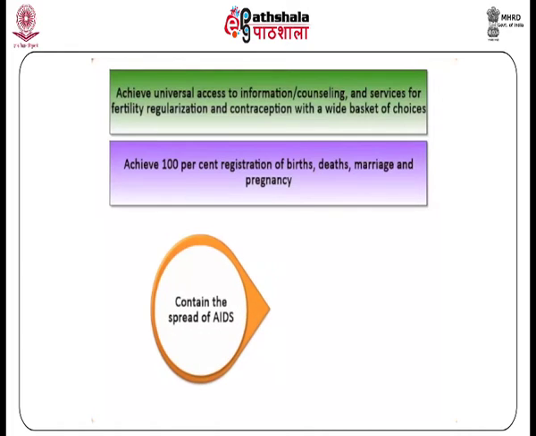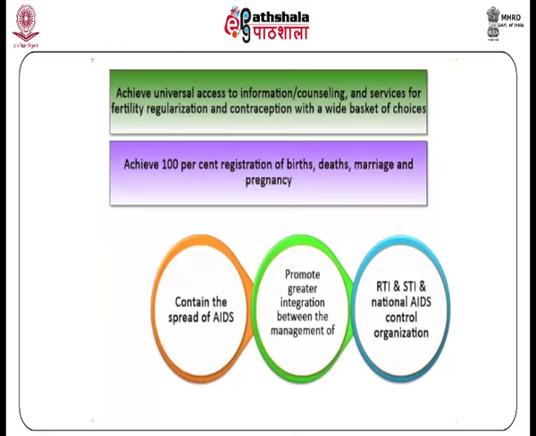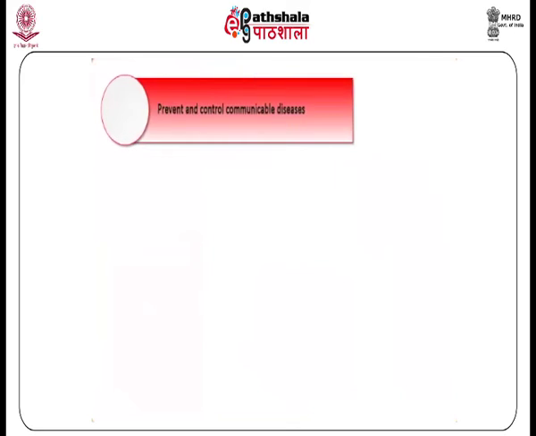Contain the spread of acquired immune deficiency syndrome and promote greater integration between the management of reproductive tract infection and sexually transmitted infection and the National AIDS Control Organisation. Prevent and control communicable diseases.